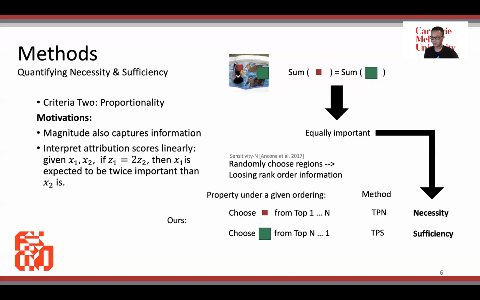We only define the red regions from top to bottom, and the green features from bottom to top rank orders. In the paper, we use TPN, total proportionality for necessity, to capture the difference of necessity between each pair of red and green groups, and TPS, total proportionality for sufficiency, to capture the difference of sufficiency between all possible red and green groups.